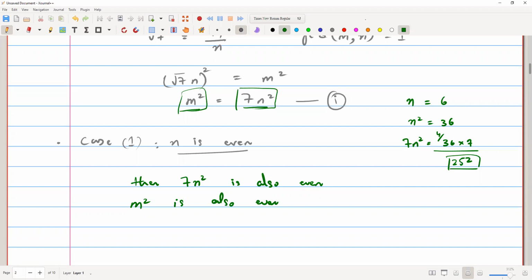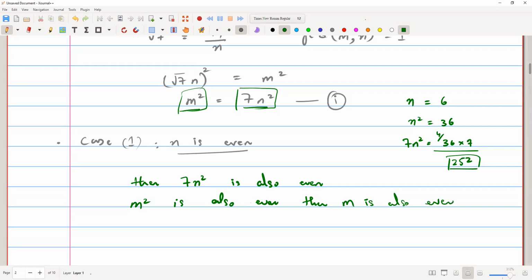Okay, so if m squared is even, then m is even, because we already concluded in the previous question that if m squared is divisible by 2, then m is also divisible by 2. So here also, if m squared is even, then m is even, which means that it is divisible by 2.